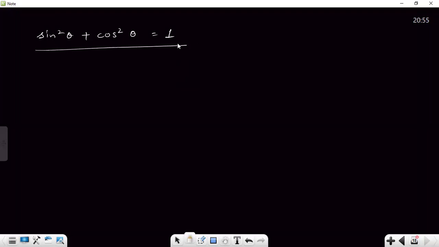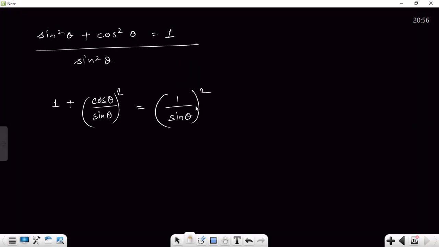Sine square theta by sine square theta becomes 1. Cos square theta upon sine square theta, and on the right, 1 by sine square theta. Let me write it like this.